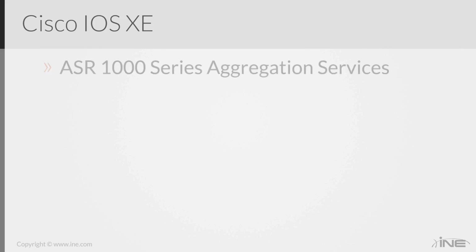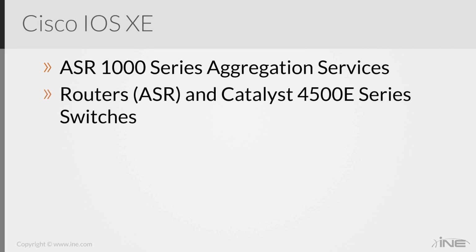Now, when it comes to the platforms that iOS XE runs on top of, you have the ASR 1000 series, or the Aggregation Services Router. So you have ASR 1001, 1004, 1006, and I want to say the ASR 900, even though I've never played with that platform. I believe that's another one that falls inside of iOS XE. And then you also have the Catalyst 4500 running off of that platform.